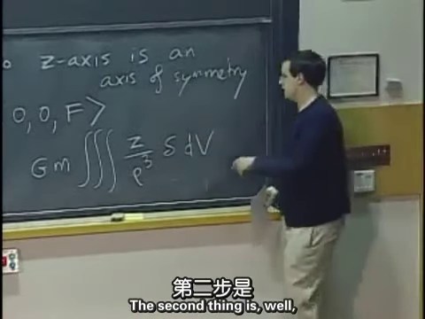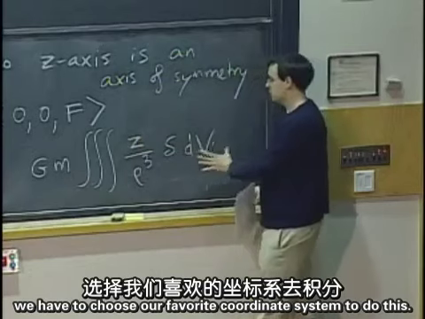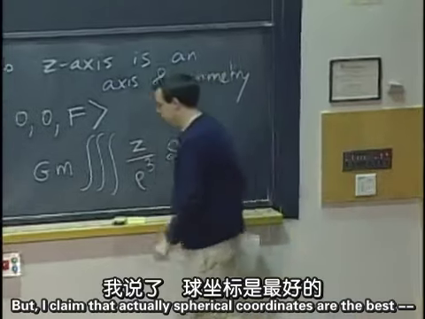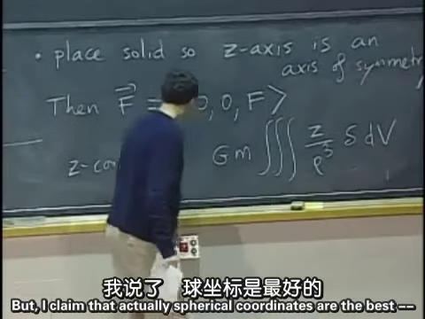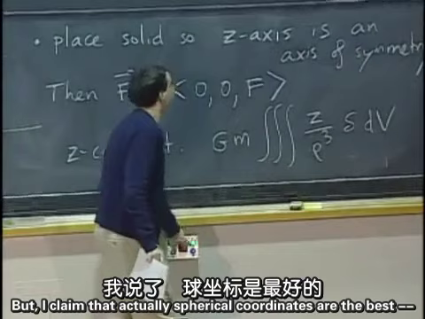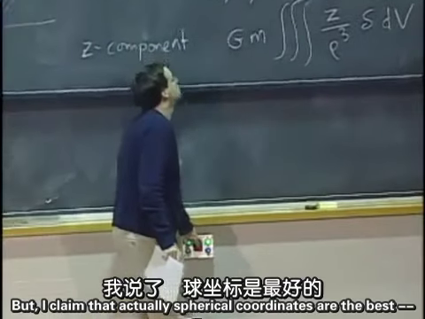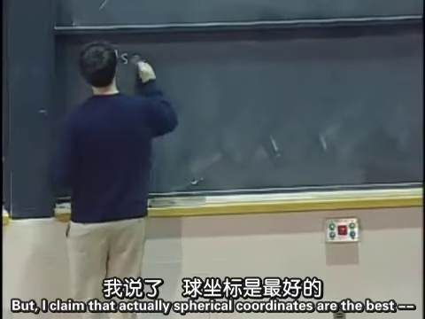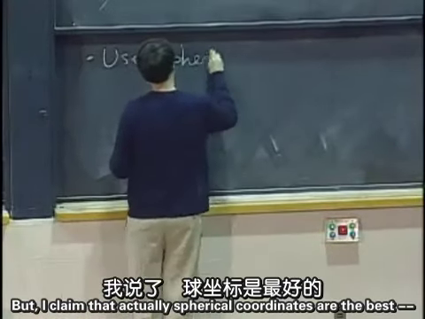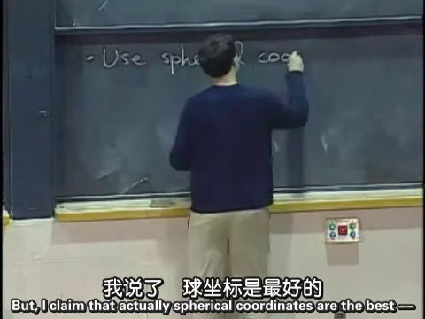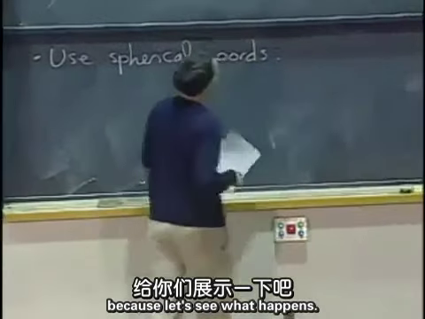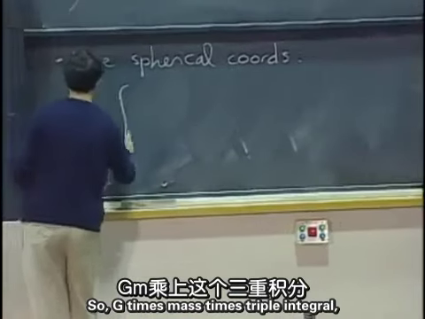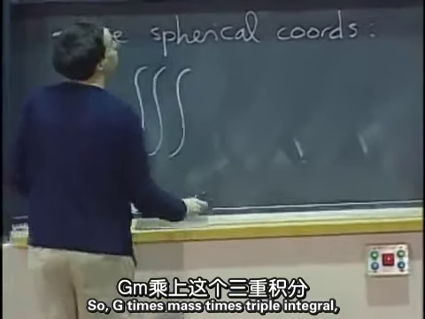The second thing is, well, we have to choose our favorite coordinate system to do this. But I claim that actually spherical coordinates are the best. Because let's see what happens. So g times mass times the triple integral.